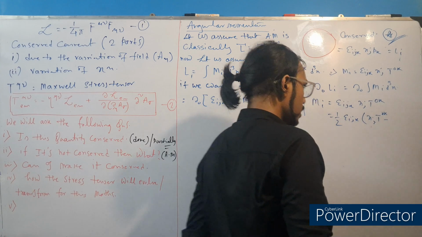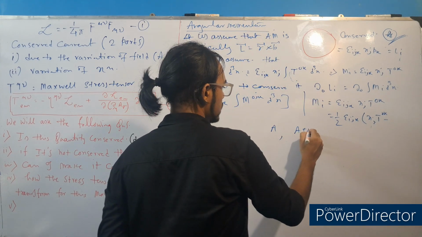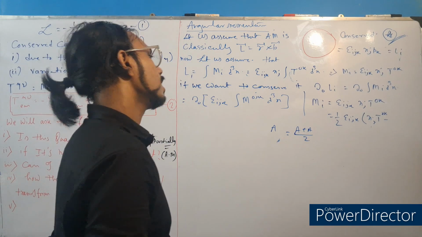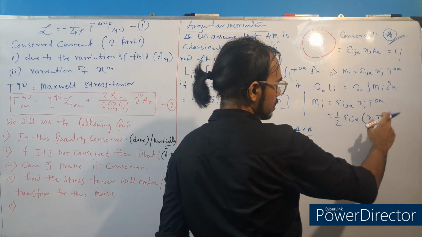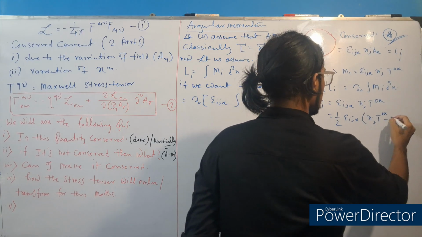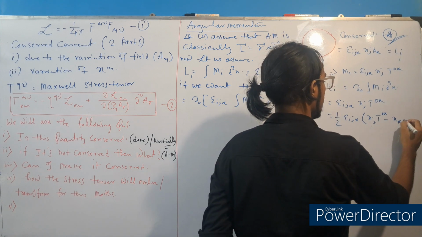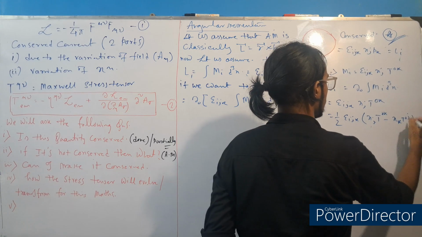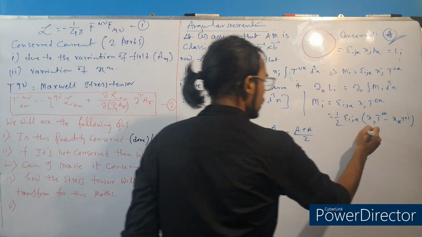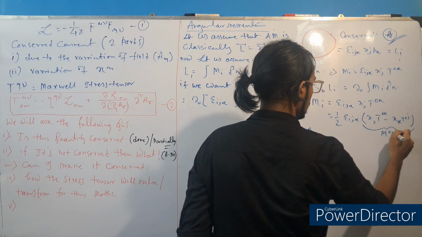It should be a plus, because if I have some quantity a, then I can write (a plus a) by 2. This same thing, it does not change anything. But due to the exchange, this T is an antisymmetric thing, and will pick up a minus sign. So due to that I have a minus x^k T^{0j}, and I will say this thing to be M^{0jk}.